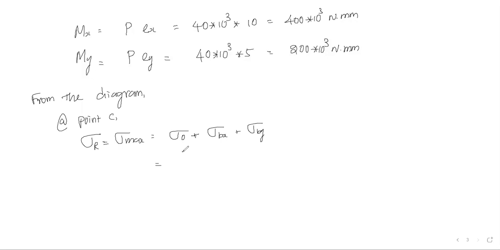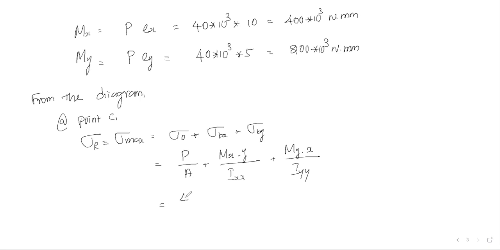So the formula becomes P by A plus Mx into y by Ixx plus My into x by Iyy. Okay, taking all the positive sign.